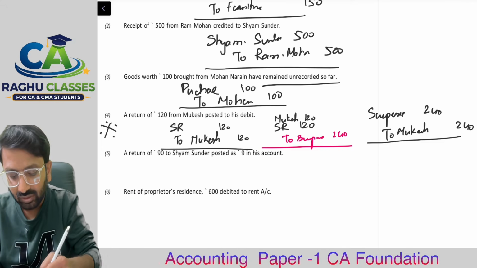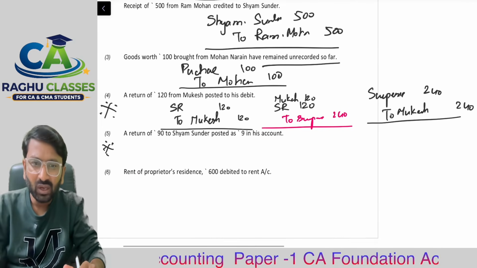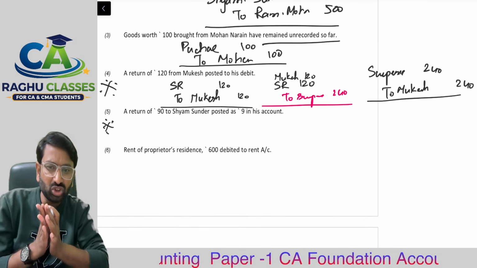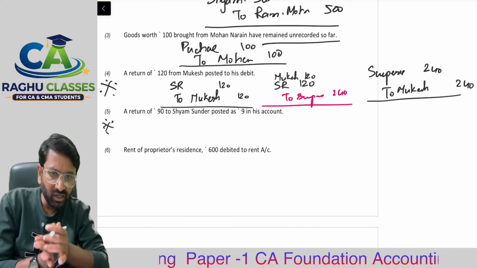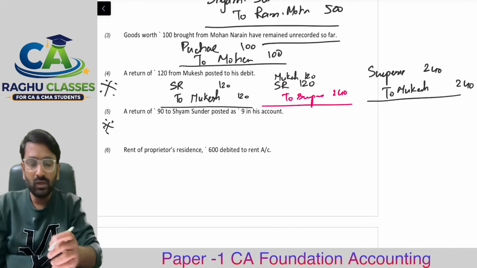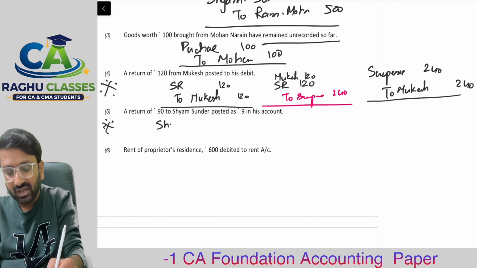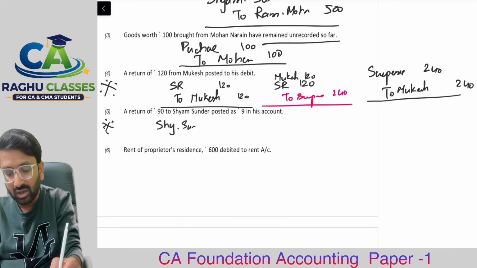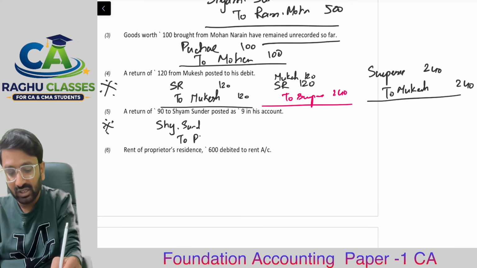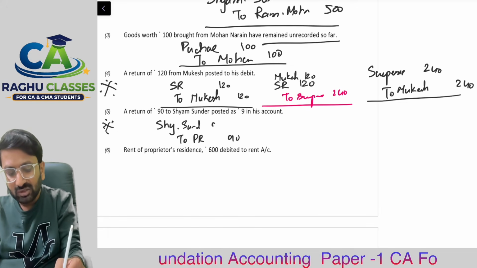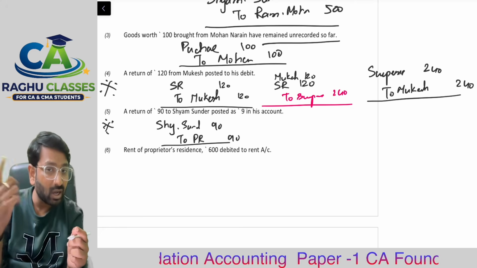Okay. Next one is also important. A return of 90 to Shyam Sundar posted as 9 in his account. So there is a purchase return that you are doing. So can we say the correct entry is Shyam Sundar account debit to purchase return 90. This is posted as 9 in his account.